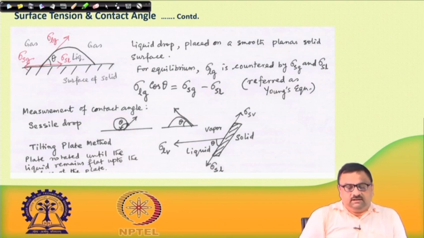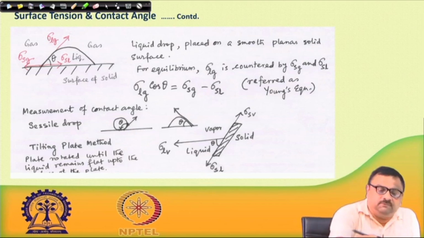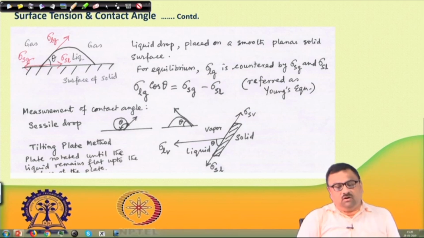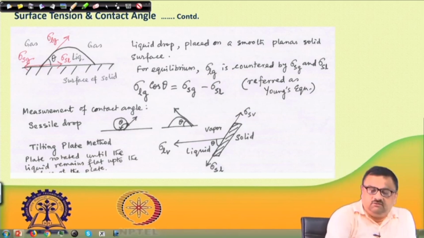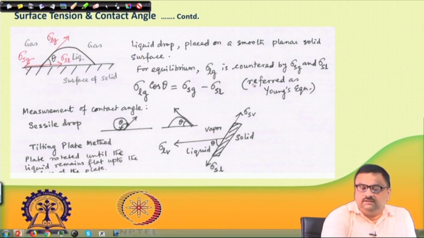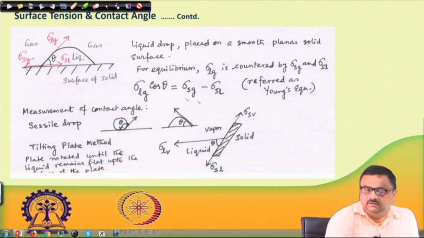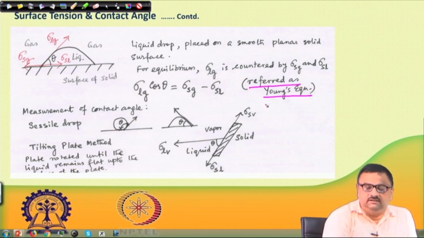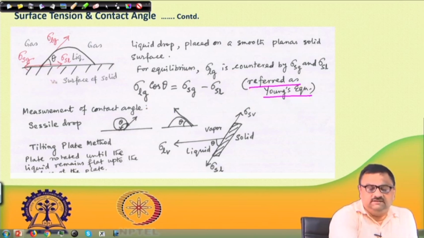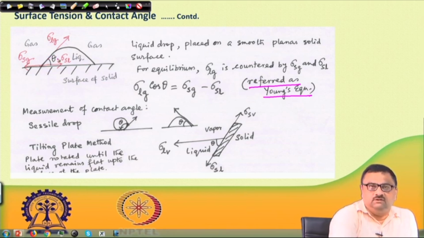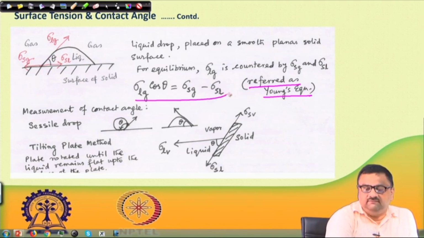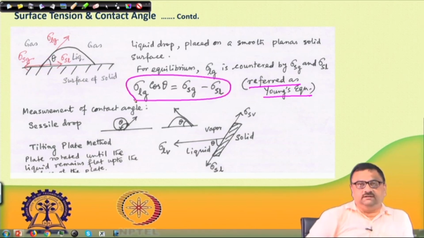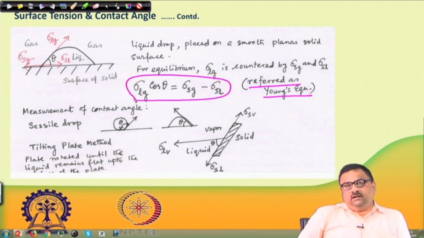Further, we need some quick brushing up of our understanding of contact angle. You have already studied this before, but I would like to go through it very quickly. There is this famous Young's equation, which says that if a liquid is sitting on the surface of a solid, a force balance can be drawn to arrive at this expression.